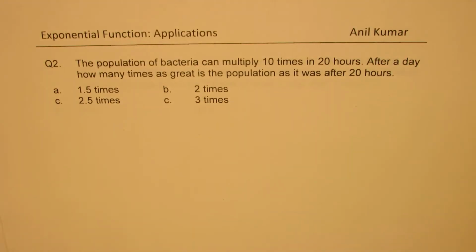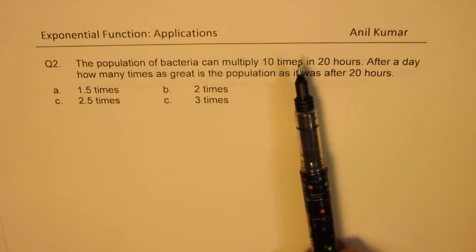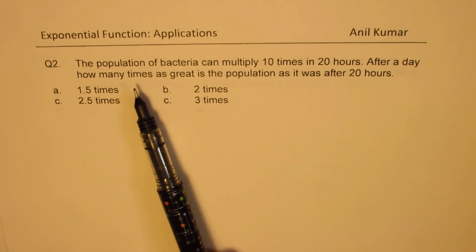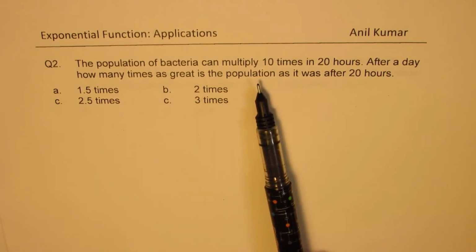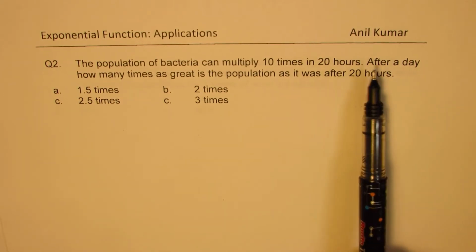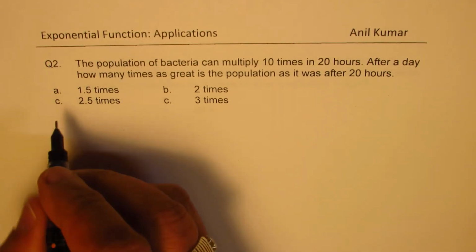Now let's take the second question. The population of bacteria can multiply 10 times in 20 hours. After a day, how many times as great is the population as it was after 20 hours? So after a day means T is 24. Let me use P for population this time.